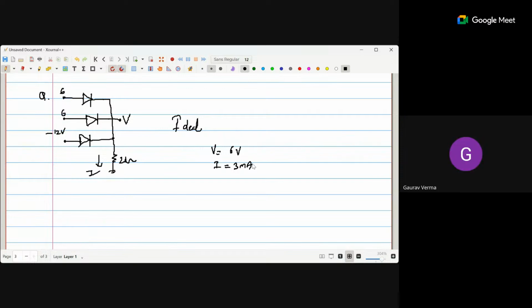What is the logic, ma'am? The arm with the maximum voltage at the cathode will be selected, is it? Correct.